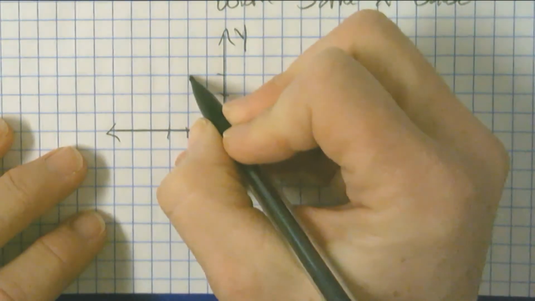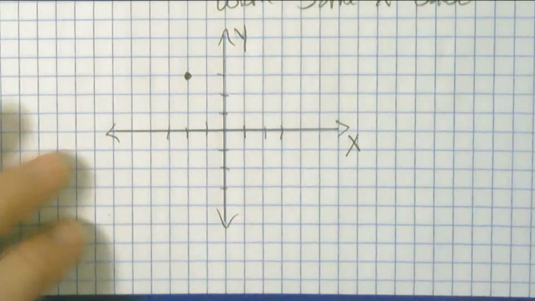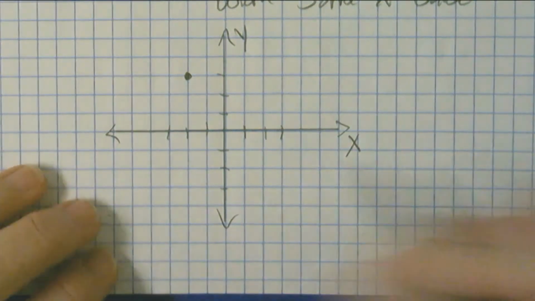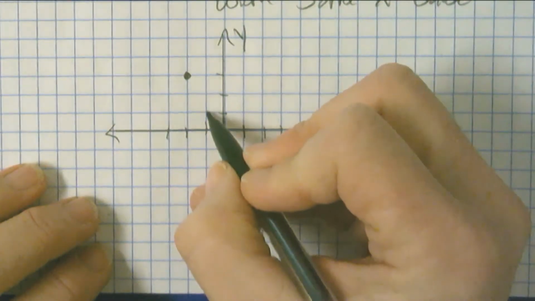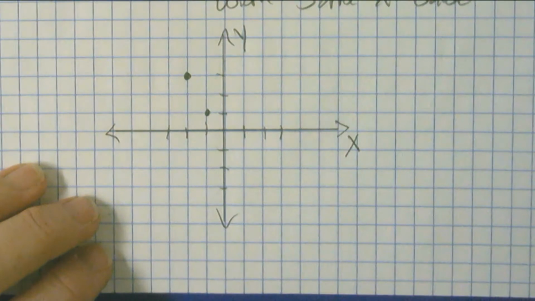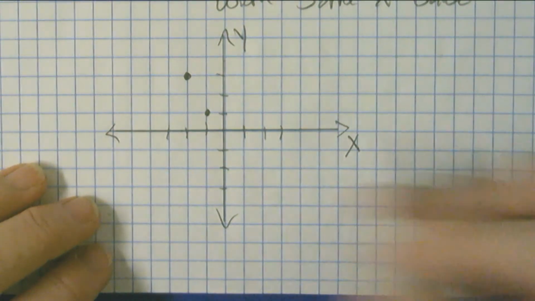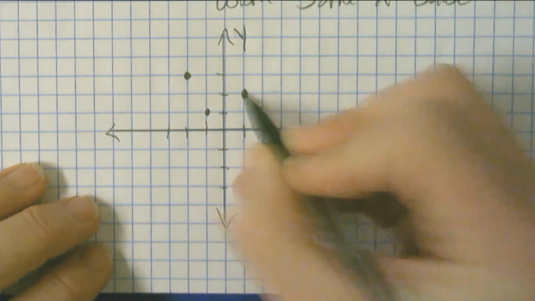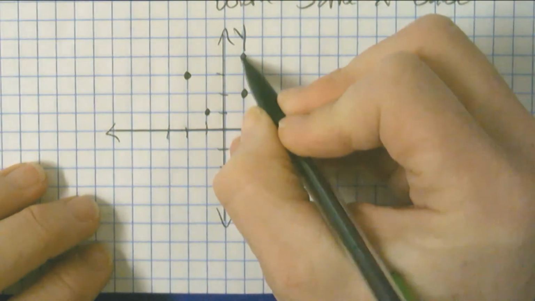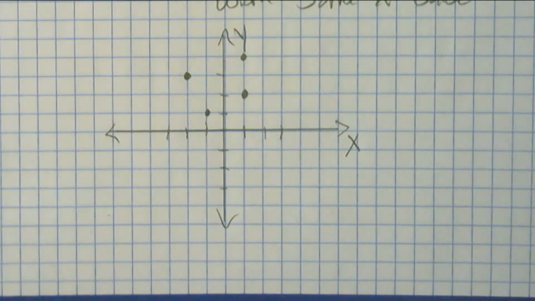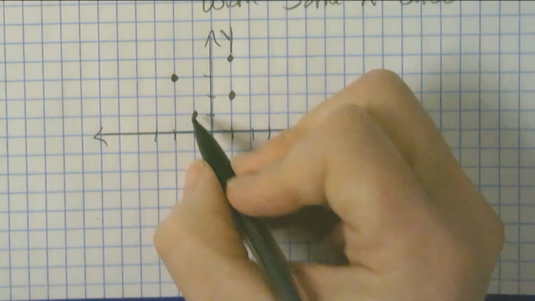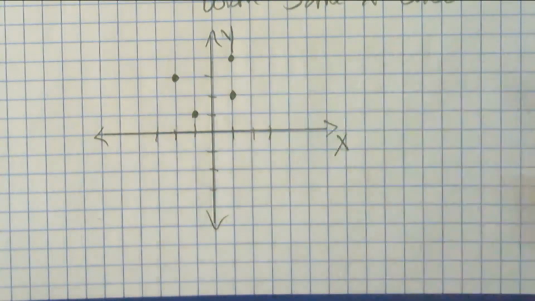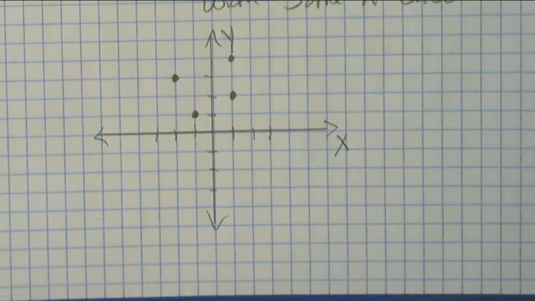So I'm going to put one right here. So I want you to graph those points. If I looked at this graph, how could I determine by looking at it if 2 points have the same x value?